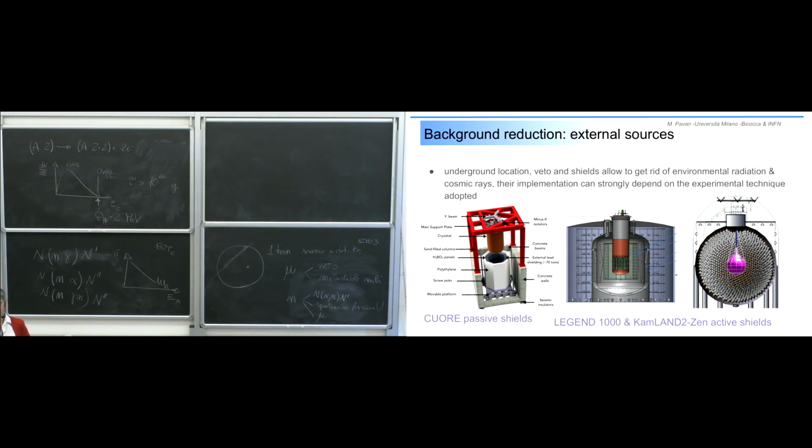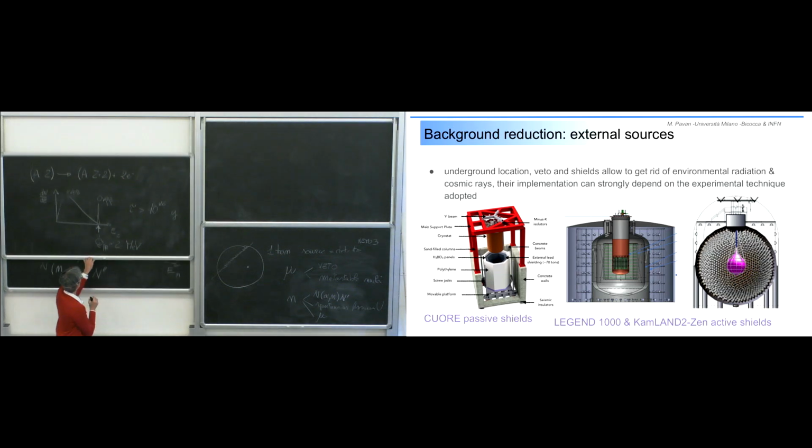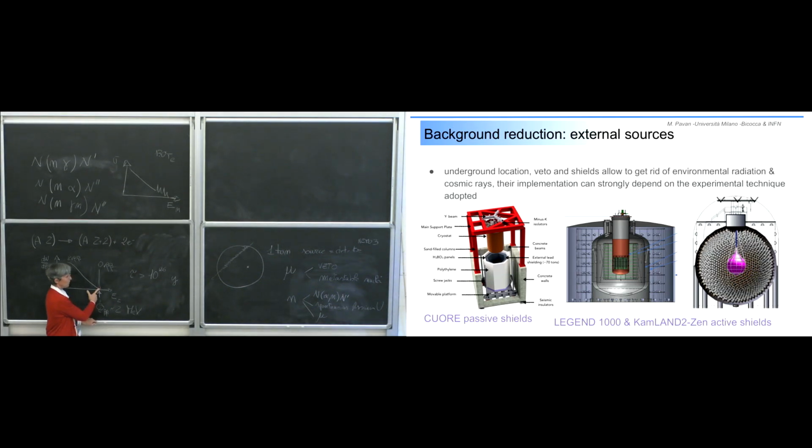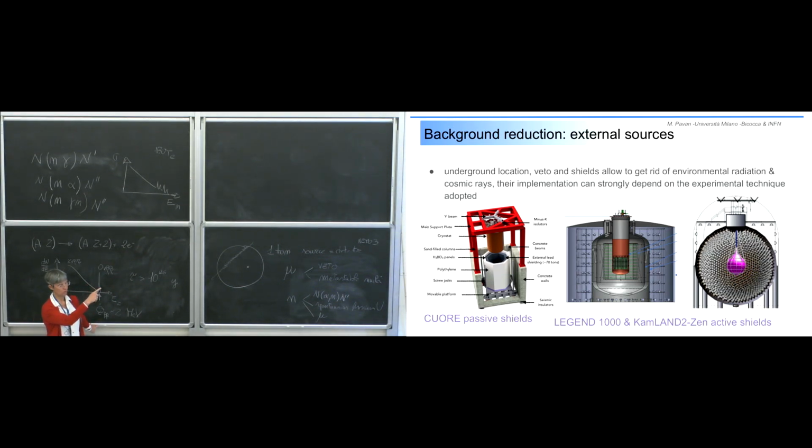Okay, so you understood the question. The veto is used to, I mean, you always have a core detector that is your double beta decay detector, the one that is counting events. Whenever the veto sees something, in principle it should tell the detector, okay, stop for a while, don't count, because now there is a background outside.